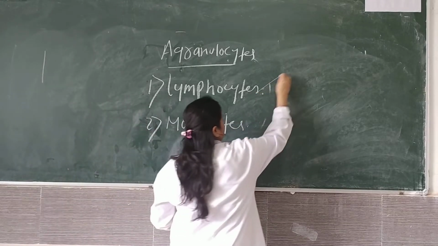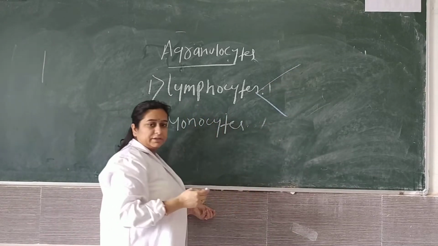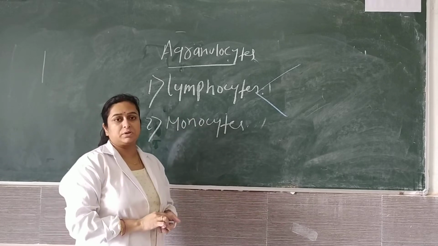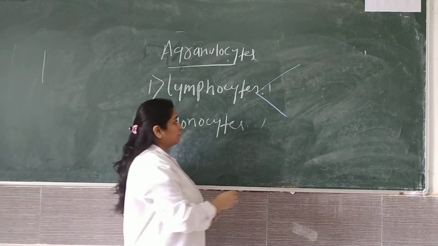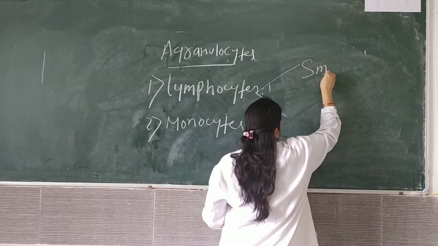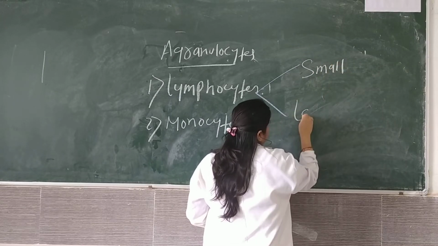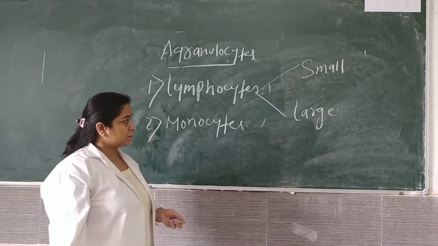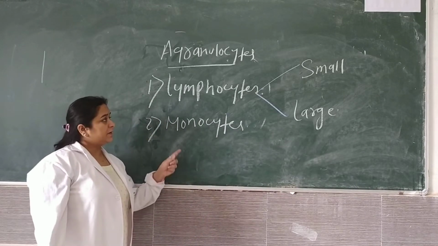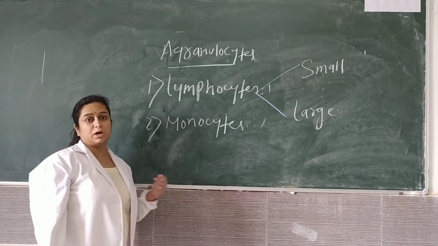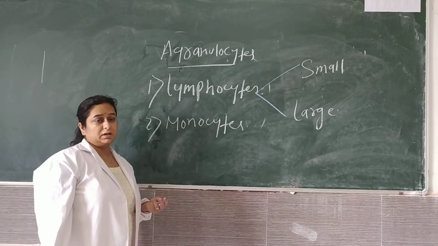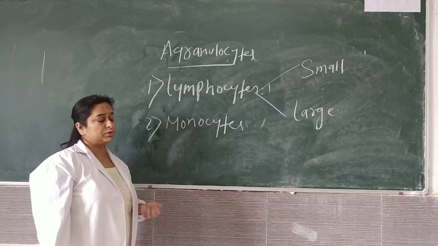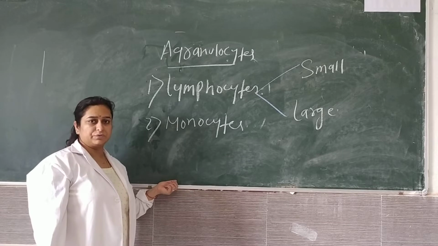Morphologically, under the microscope we can see two types of lymphocyte: small lymphocyte and large lymphocyte. Functionally, when we talk about functions, that time we'll discuss T lymphocyte and B lymphocyte.